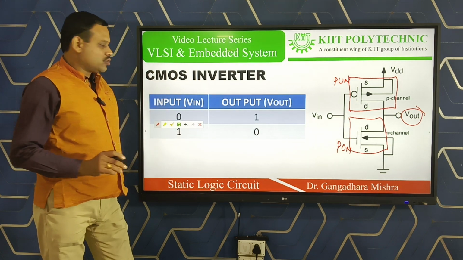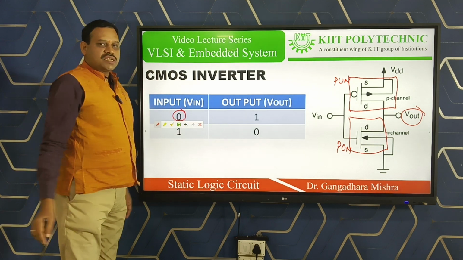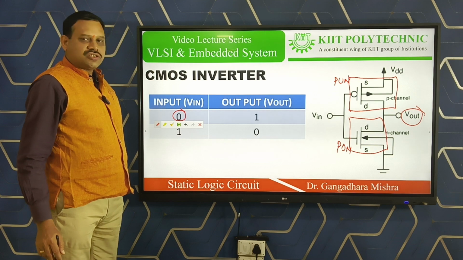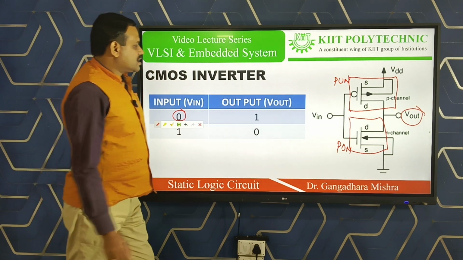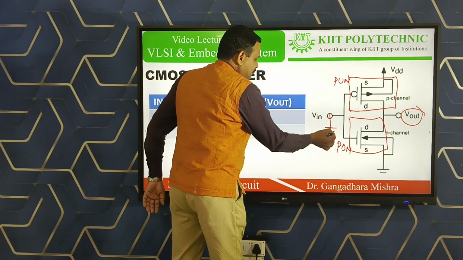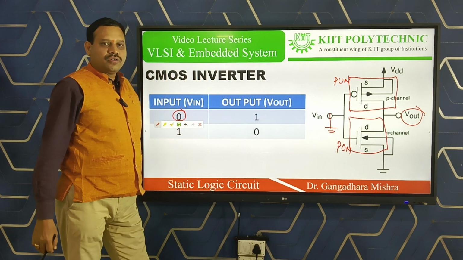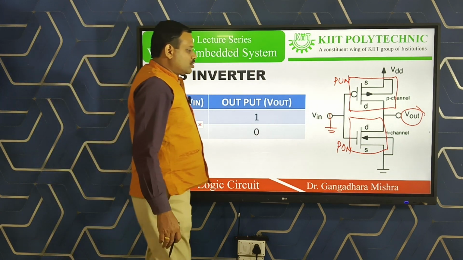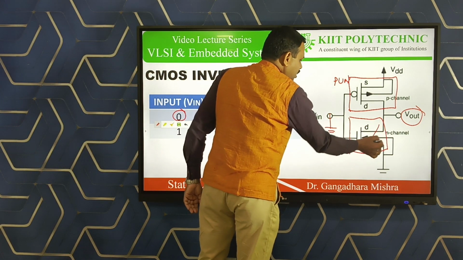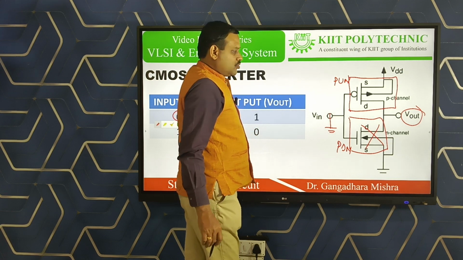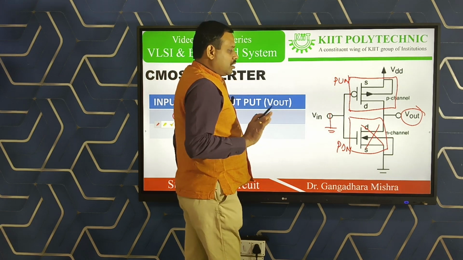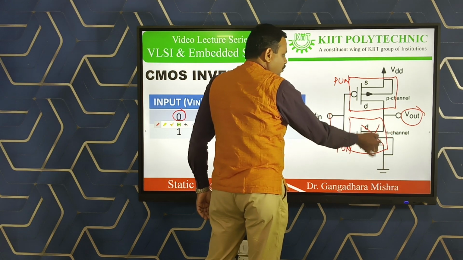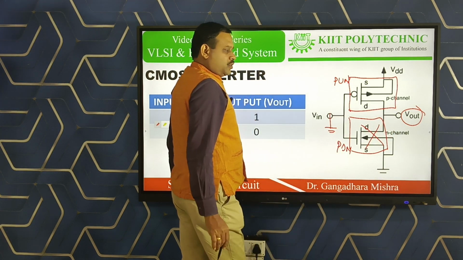First, for the logic 0 condition, when logic 0 or grounded state is given to the input, the NMOS transistor in the pull-down network is in the cutoff region of operation. We can assume it is an open circuit. So there is no path for the ground to reach the output terminal.